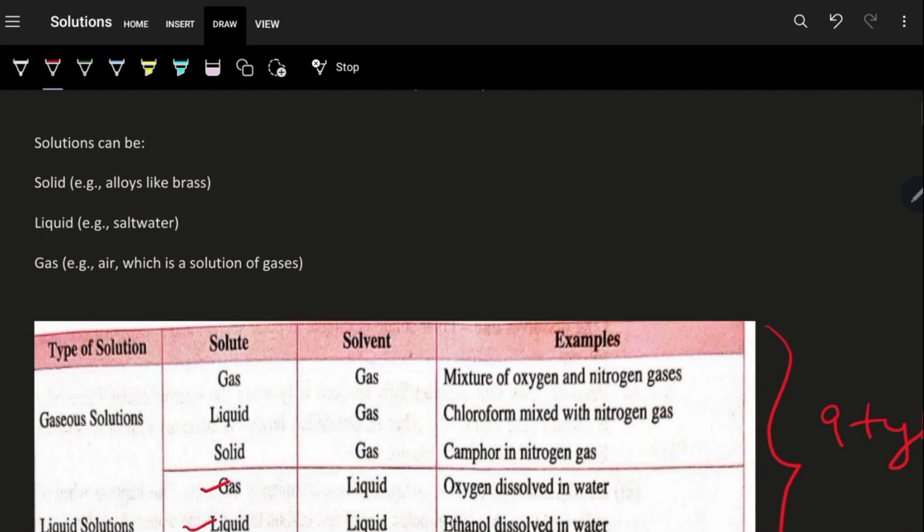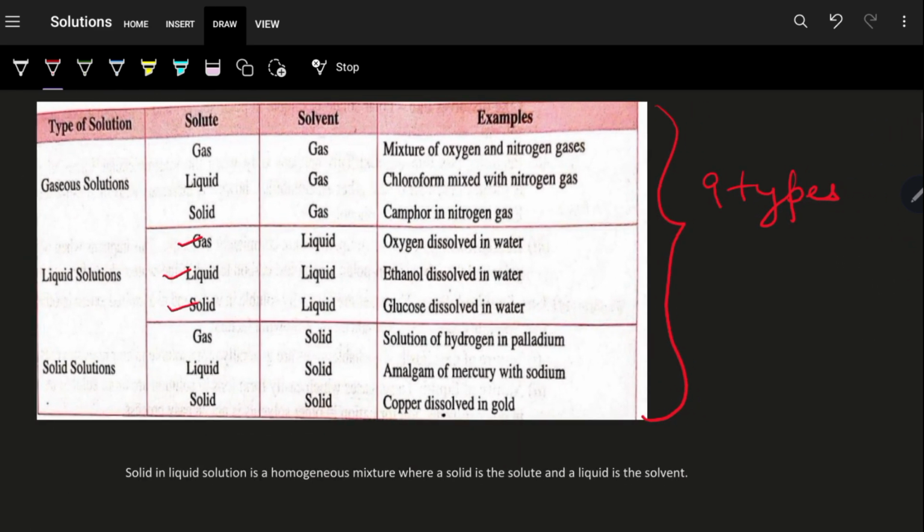Now, solutions can be a solid solution, liquid solution, and gaseous solution. I have already said in the introduction that depending on the type of the solvent, you can categorize types of solution into solid, gaseous, and liquid.